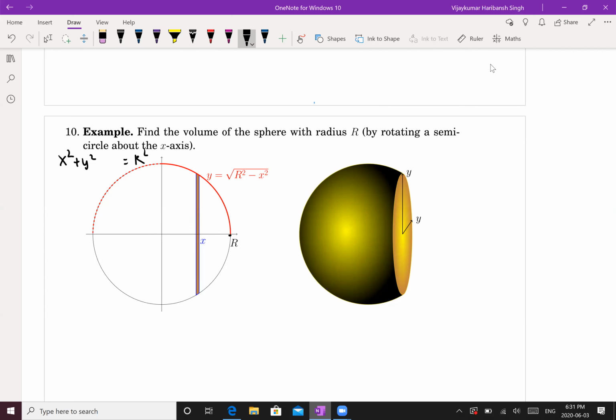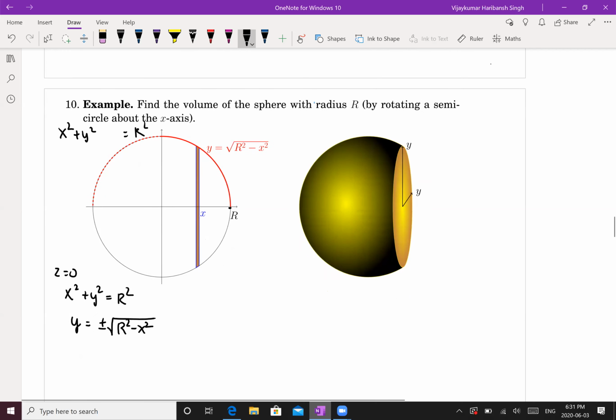So let's see how we go about it. When you put z equals 0, you get this slice, or this circle. Now you have x squared plus y squared equals r squared, or you get y equals plus or minus the square root of r squared minus x squared.